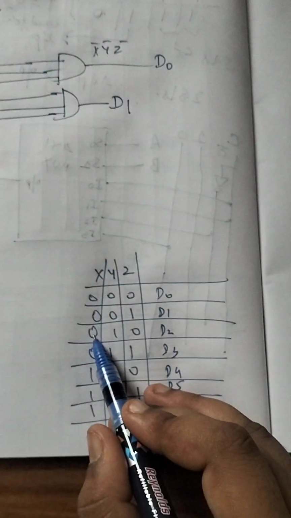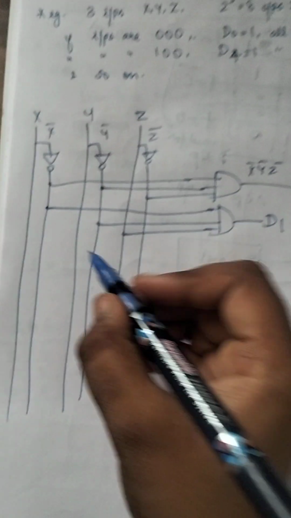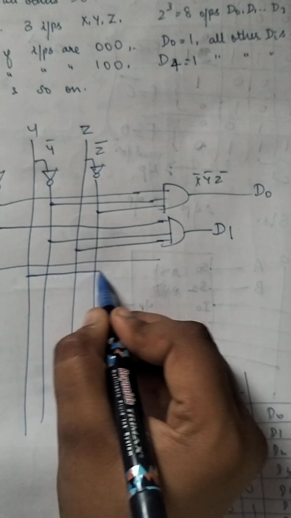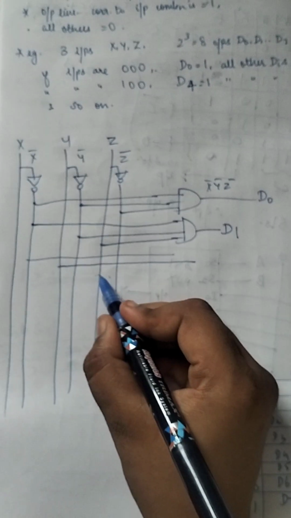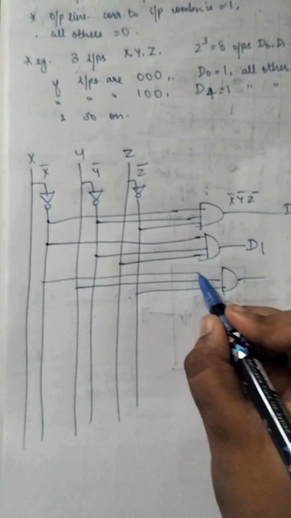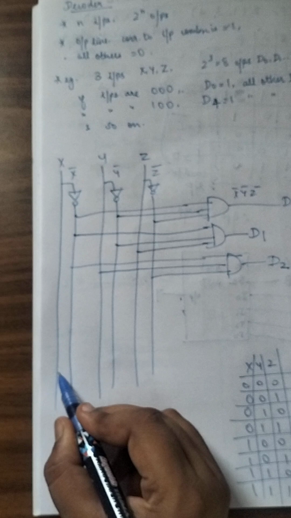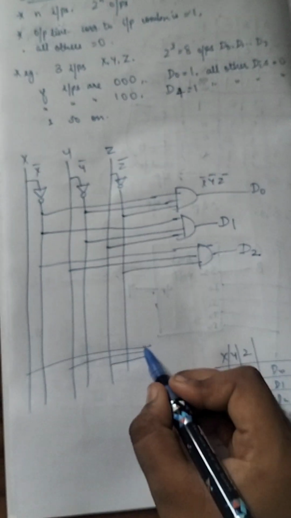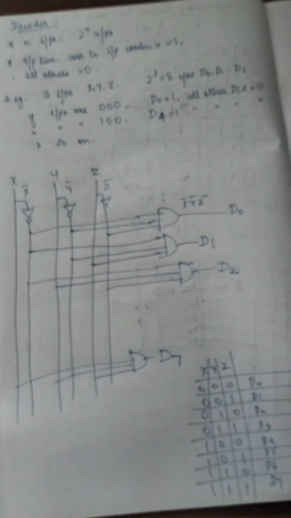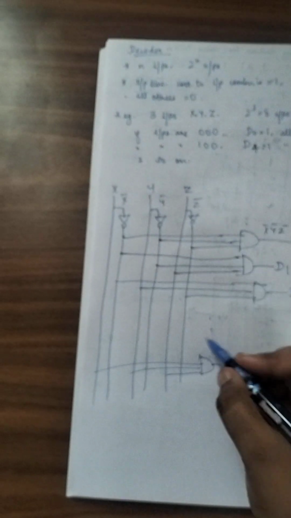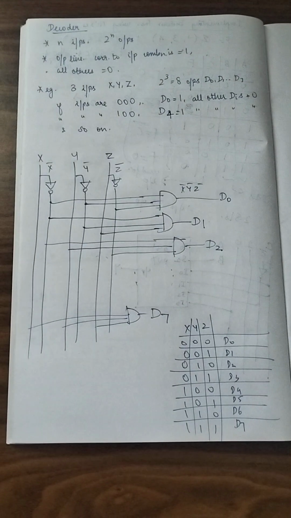This one is going to be x dash, y, z dash. This is D2. And similarly, you will draw for all up to D7. D7 is going to be x, y, z. So when you draw for all values, that is what your decoder looks like.